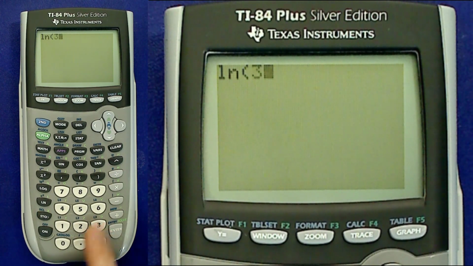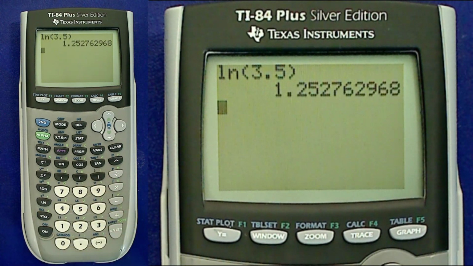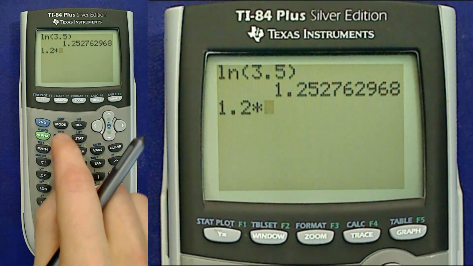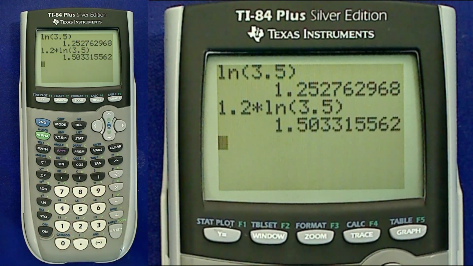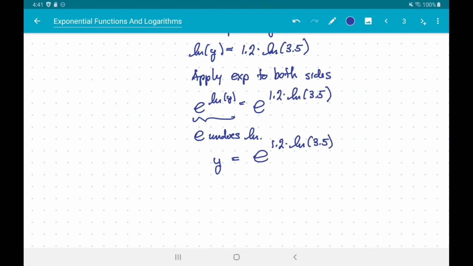So ln of 3.5 is that crazy number, 1.2 times ln of 3.5, so it's that crazy number. And again, looking back at the calculation we need to do, I need to apply e to the result of 1.2 times ln of 3.5.